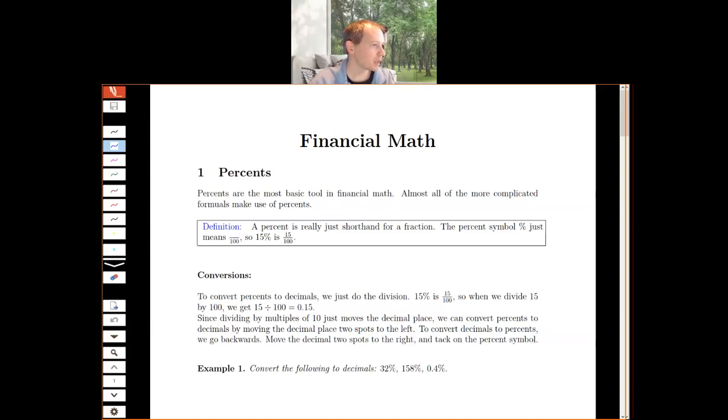And the first unit that we have is going to be on percents, because from a mathematical point of view, percents are the thing that underpins all of it, right? Taxes are all based on percents. Interest is all based on percents, right? Credit cards, everything. So this is kind of the underpinning idea behind everything that we do going forward, and we want to make sure that we have a really good foundation here.